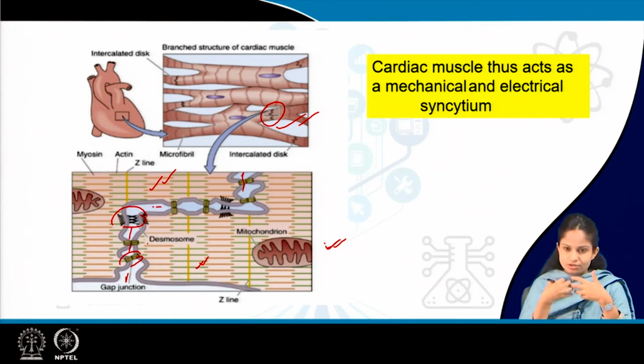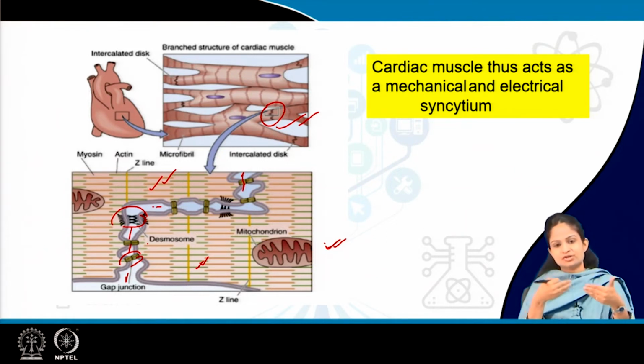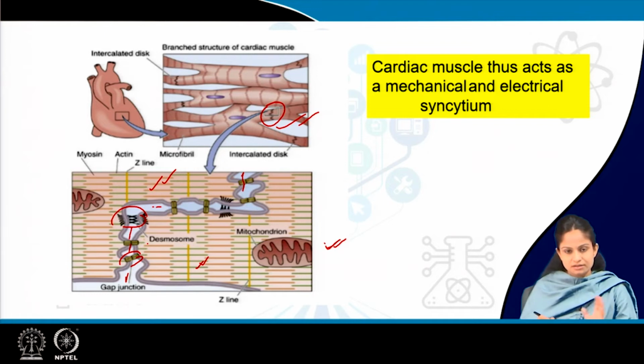Now, mechanically so that they will contract as a whole, electrically because the electrical impulse should travel from one cell to another cell, since we know the electrical event precedes the mechanical event.